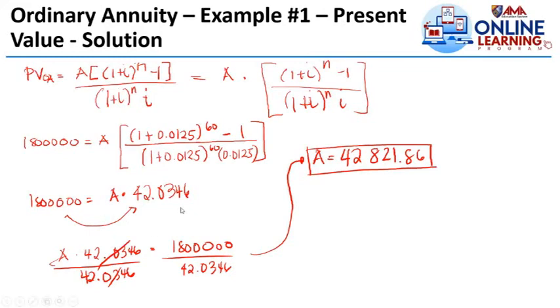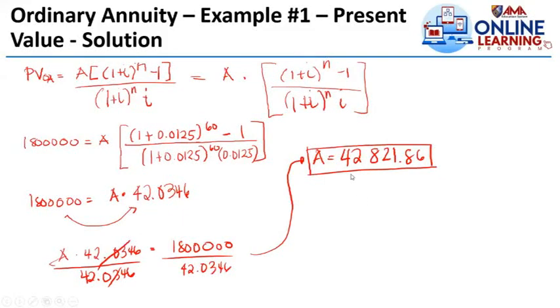So, ito, swap ko muna kasi para yung A nasa left side, para mas convenient, mas magandang tingnan. So, yun, para A na lang ang matira, 42.0346, i-divide mo on both sides, then 1.8 million divided by 42.0346, that is 42,821, ano ba yung pesos per month.